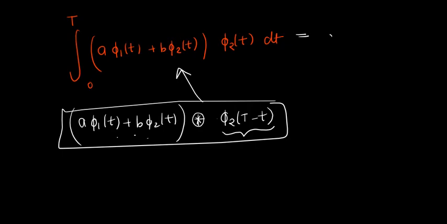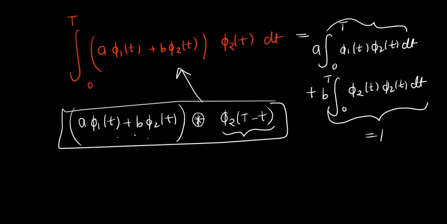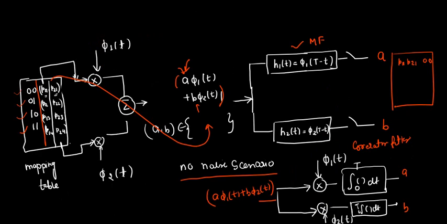So simply you can now write it as a times the integral of phi 1 t into phi 2 t dt plus b times the integral from 0 to T of phi 2 t into phi 2 t dt. By using the property of the orthonormal basis, this integration will be 0 and this integration will be 1, because they are orthogonal to each other and normalized, with unit energy. So the answer will be B. So the output of the second branch will be B.